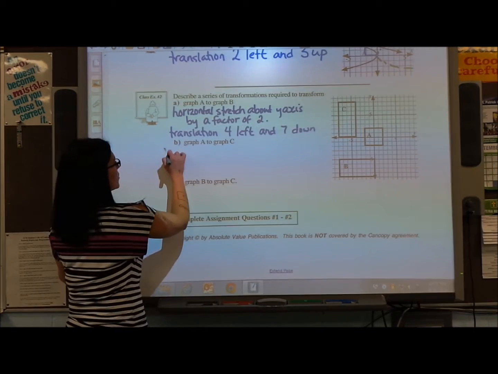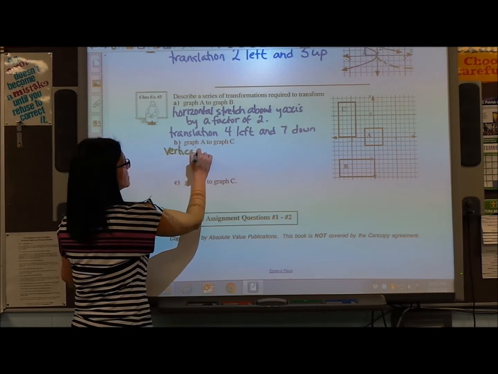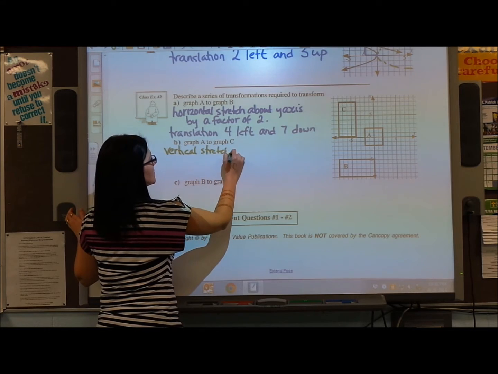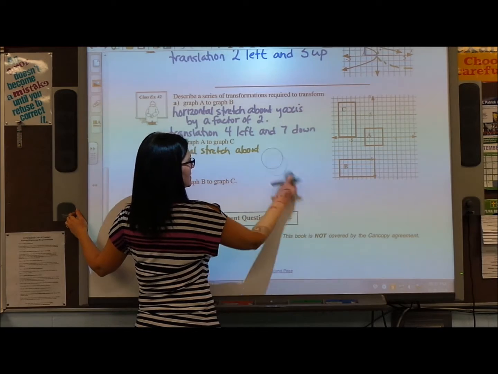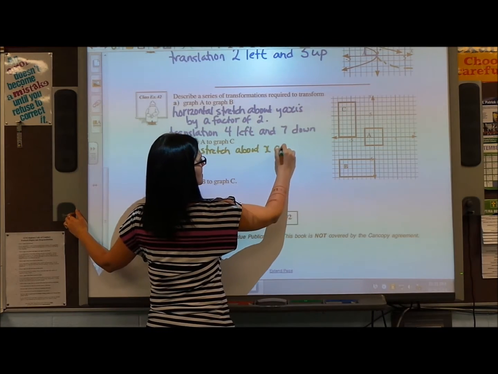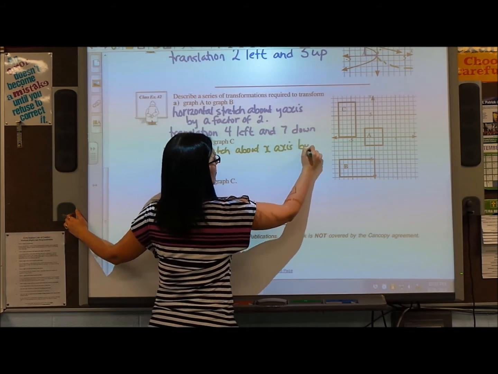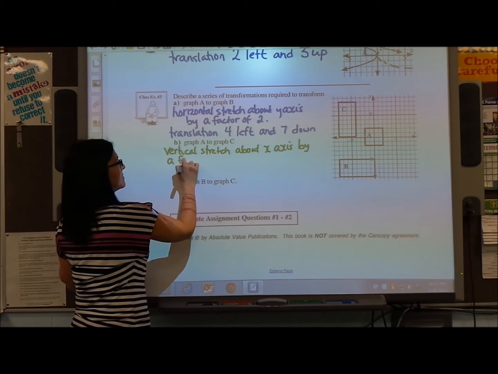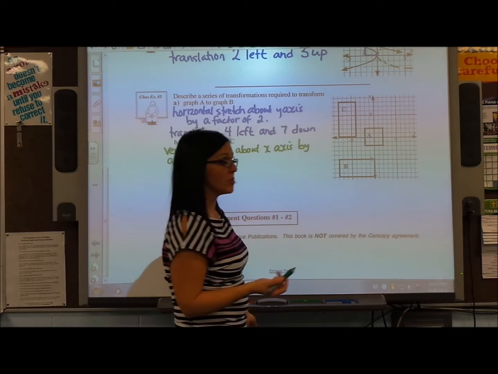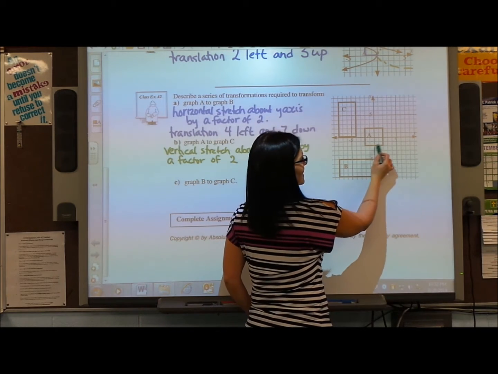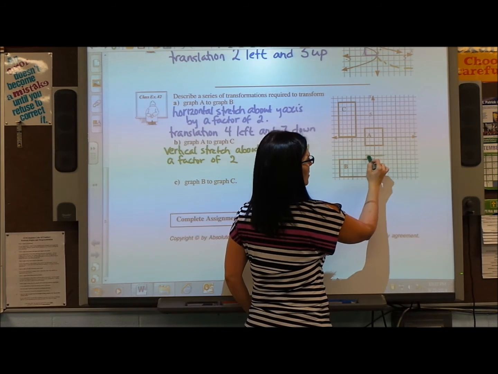So now I have a vertical stretch about the x-axis by a factor of 2. So if I do that transformation, this is -2, it's going to move to -4.